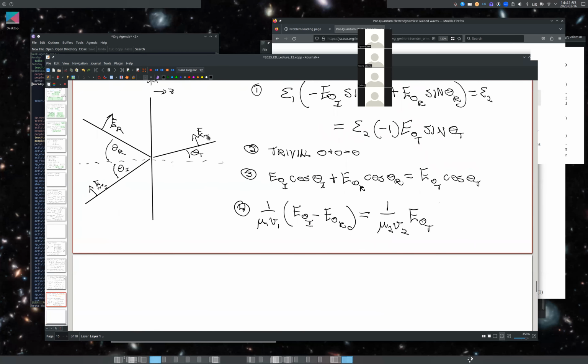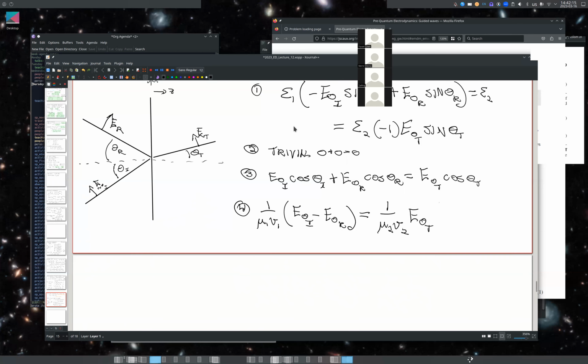And it really is a question of, first of all, substituting the laws of reflection that we saw, namely that theta I is equal to theta R, and that N1 sine of incident angle is equal to N2 times sine of transmitted angle. You can just replace that in there.